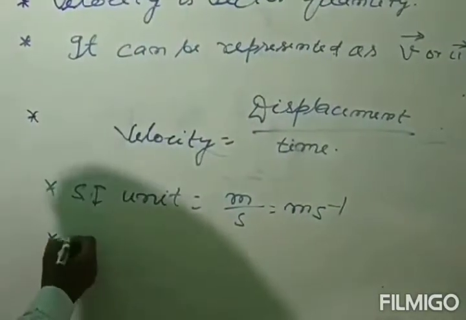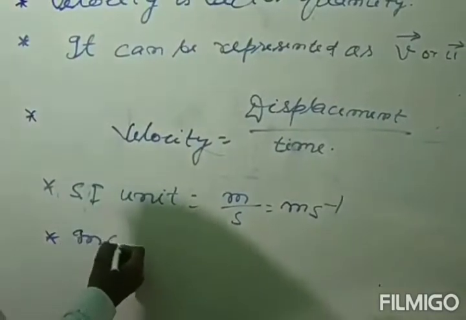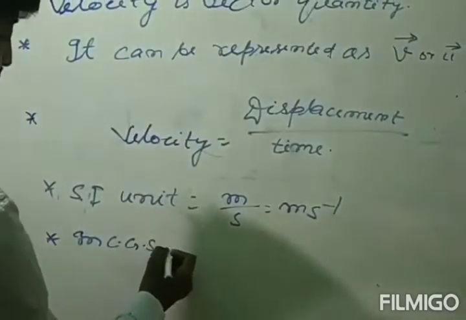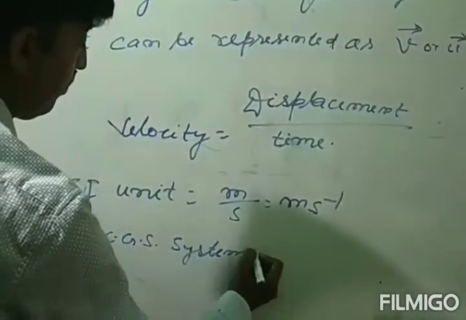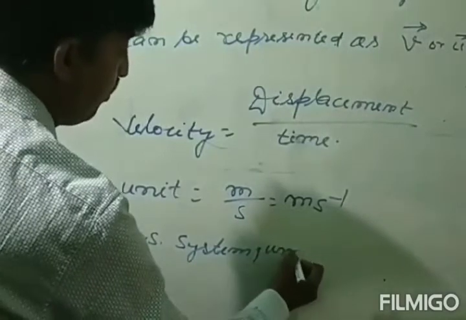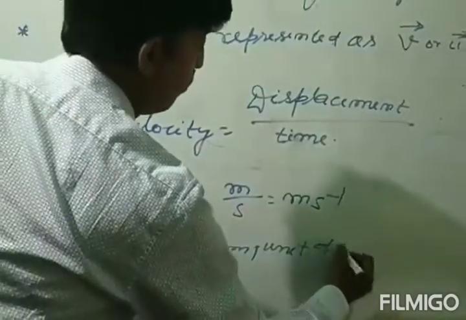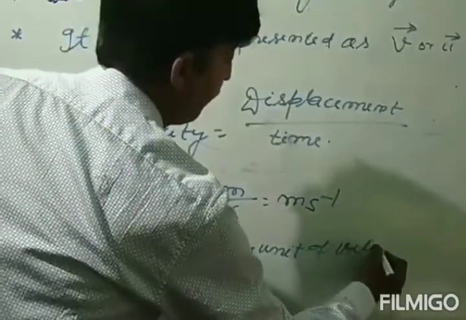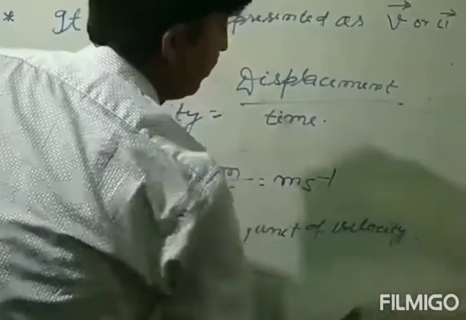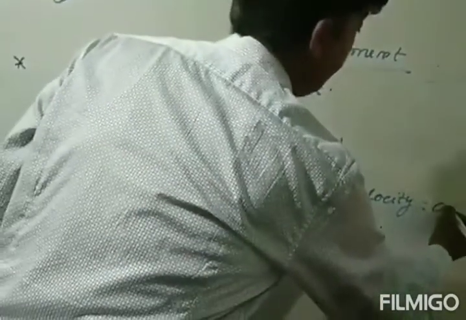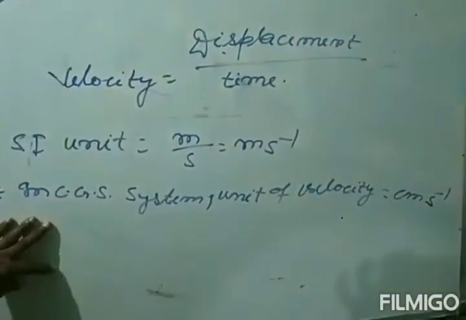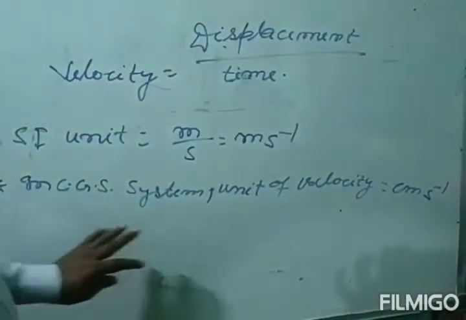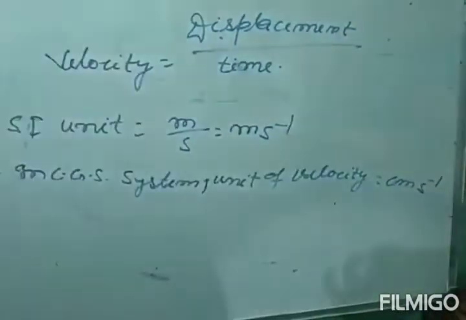In CGS system, the unit of velocity is equal to centimeter. Unit of displacement is centimeter and unit of time is second. So the unit of velocity in CGS system is centimeter per second.